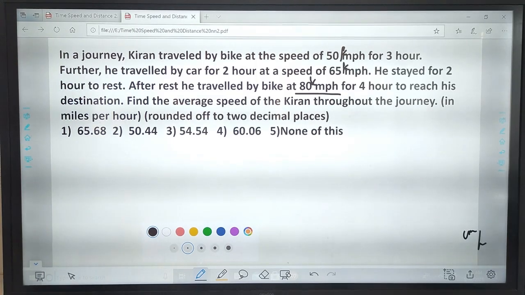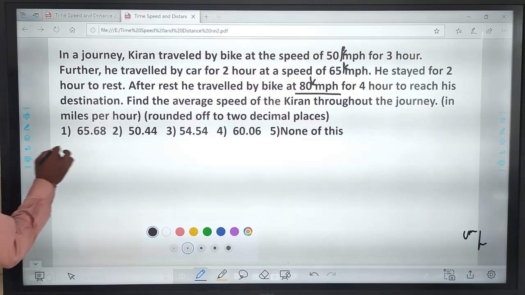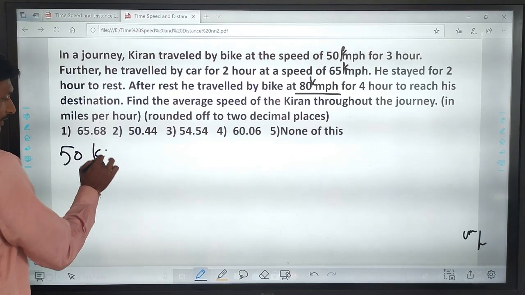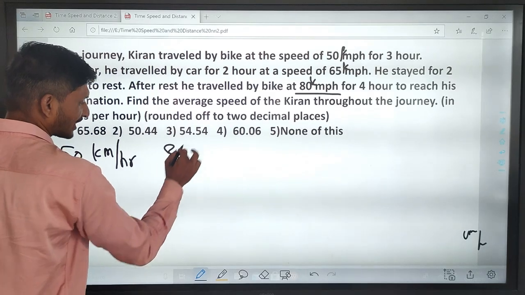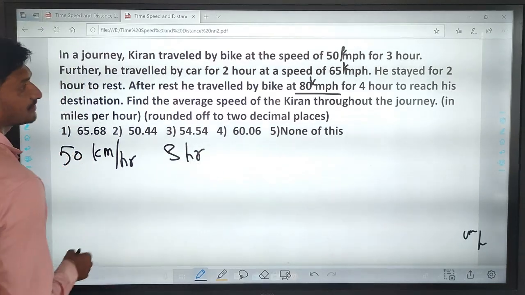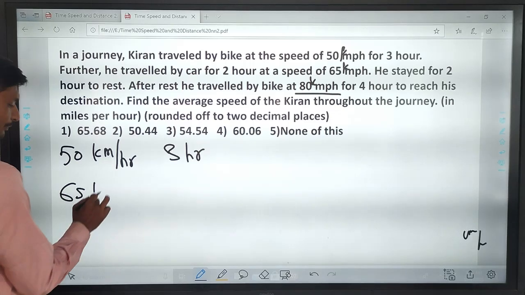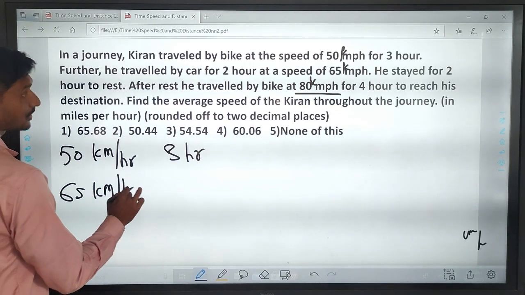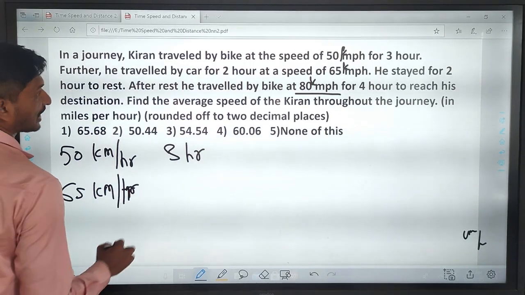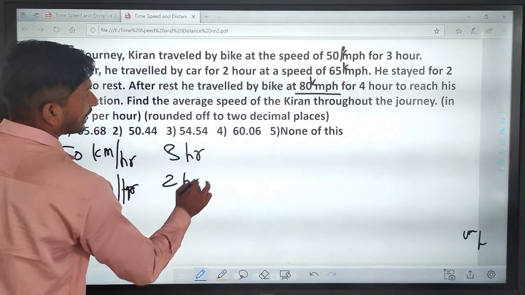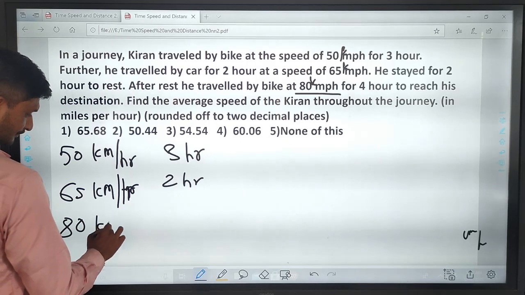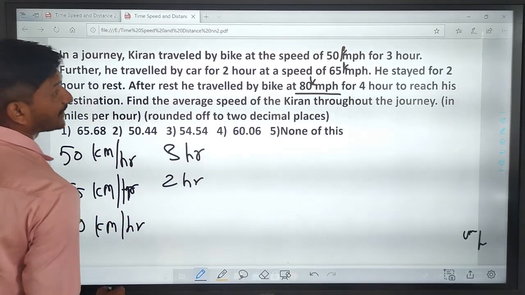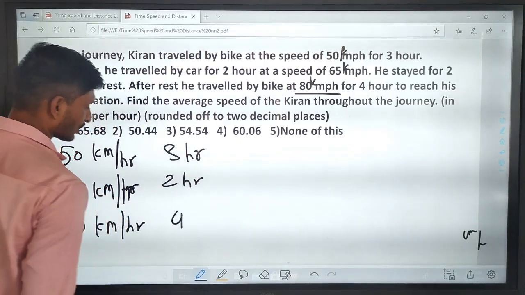Here, there are 3 speeds: 50 km per hour for 3 hours, then 65 km per hour for 2 hours, and then 80 km per hour for 4 hours.